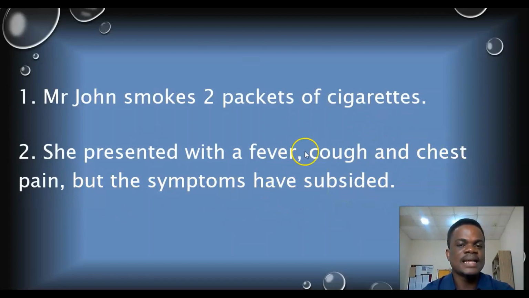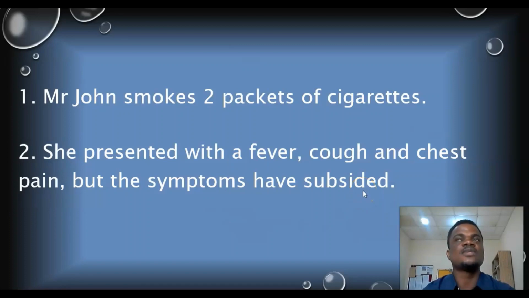If you look at this complex statement here, or let's call it a compound statement, you can see we actually have 2 sentences. First is she presented with a fever, cough, and chest pain. If we add a full stop here, it's fine. But we now have an independent statement, but the symptoms have subsided.